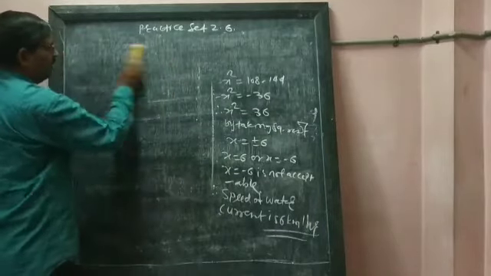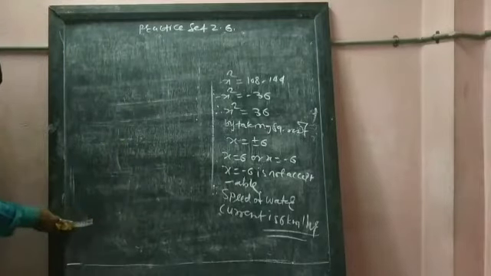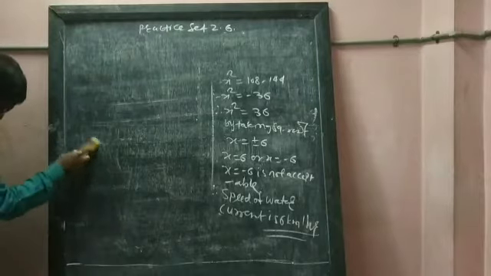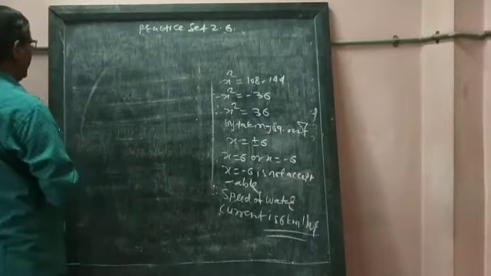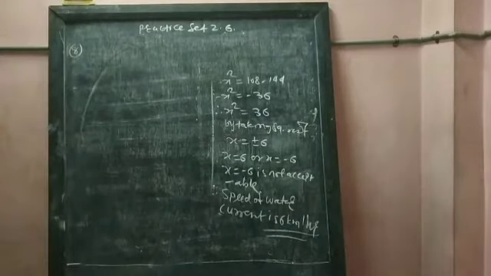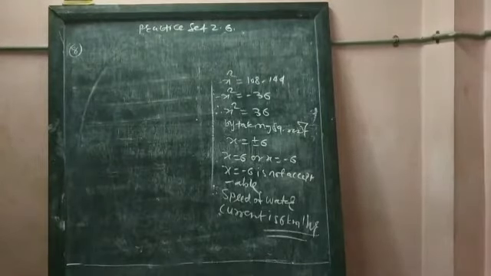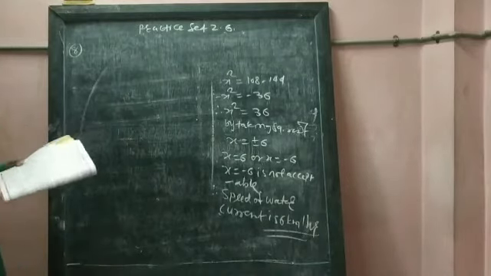Now we will enter into the next question, question number 8. Please read question number 8 and we will see what is asked in it. Pintu takes 6 days more than Nishu.